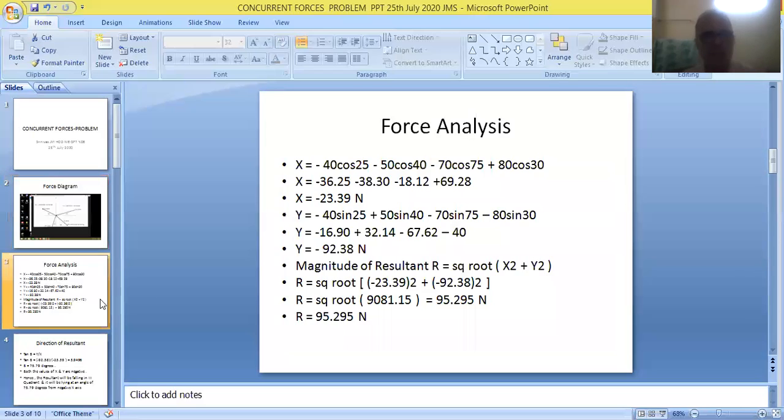So all these values we have taken for writing the equations of sigma x, sigma y. We have taken horizontal components for obtaining the value of sigma x. We have taken all the vertical components for obtaining the value of sigma y. But ultimately, these values are used for measuring the magnitude of resultant.